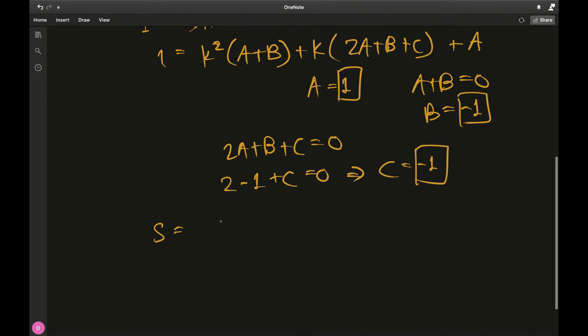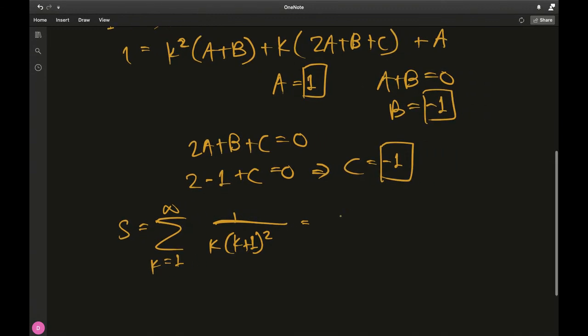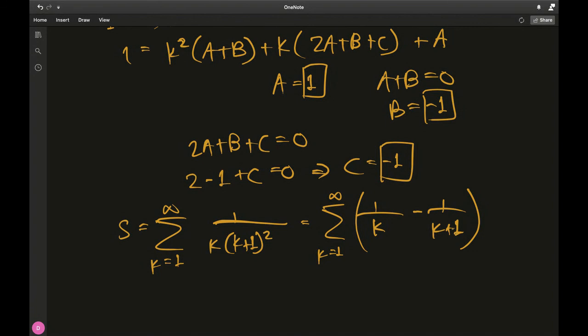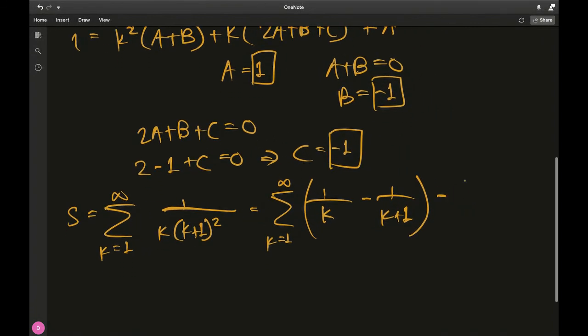So what that does to s is, instead of having sum from k equals 1 to infinity of 1 over k times k plus 1 squared, what we end up with is sum from k equals 1 to infinity of 1 over k minus 1 over k plus 1, minus sum from k equals 1 to infinity of 1 over k plus 1, but the whole thing squared.